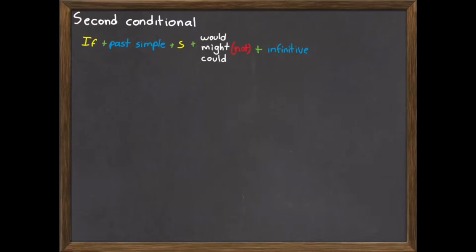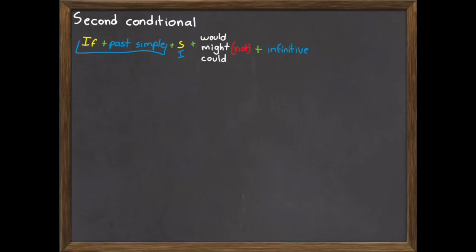The if clause, here we have it. It's the if and then the past simple. That's a part of the sentence. That is the conditional. It's if, then a verb in past simple, and then the main clause would be the subject. It could be I, you, we, he, they, so on.